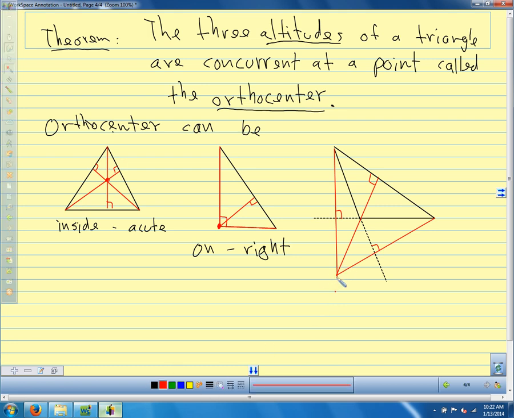So there would be our orthocenter. So the orthocenter is outside an obtuse triangle. Just like the circumcenter, the orthocenter can be inside, on, or outside the triangle, where the three altitudes intersect.